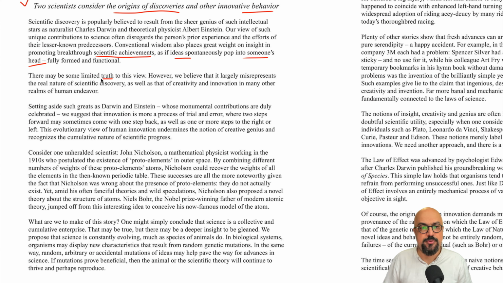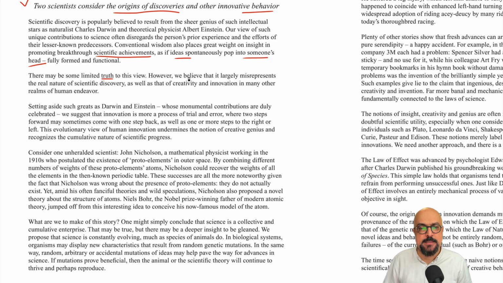Okay, so it's true. However, you believe, okay, well, there's a however. So I'm going to read this part too, because it seems like this is the actual truth. This is the actual fact the writer is going to share with us. So we believe that it largely misrepresents the real nature of scientific discovery, as well as that of creativity and innovation in many other realms of human endeavor.